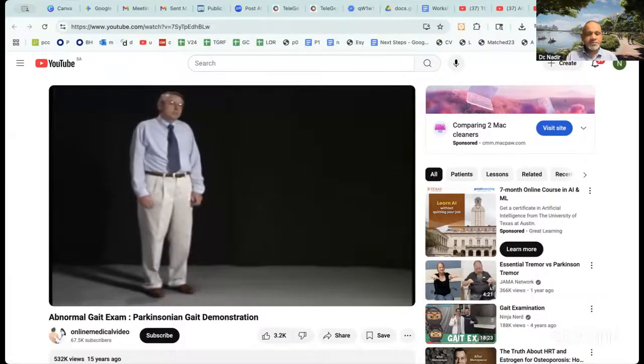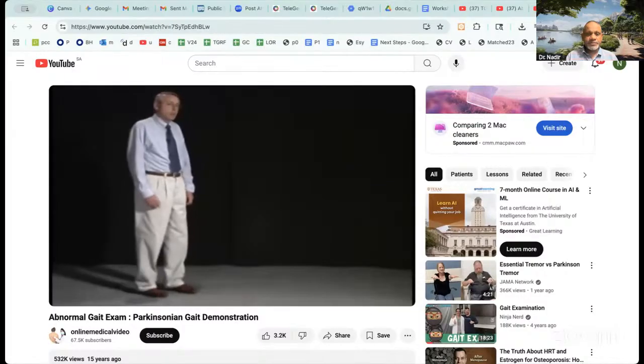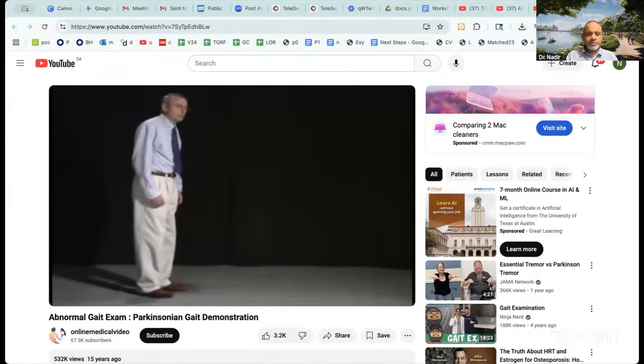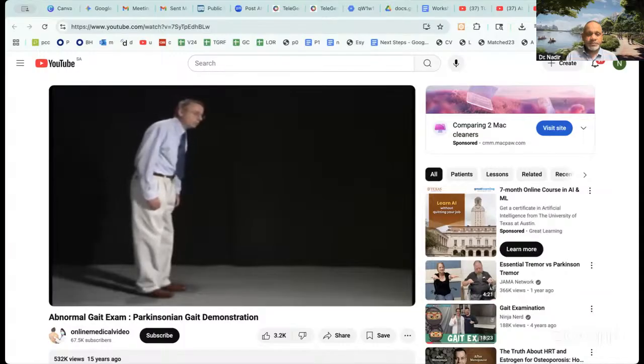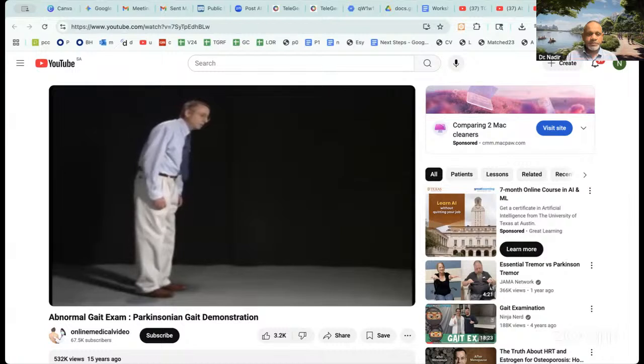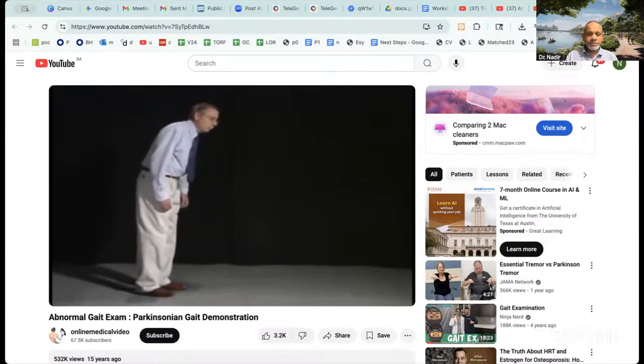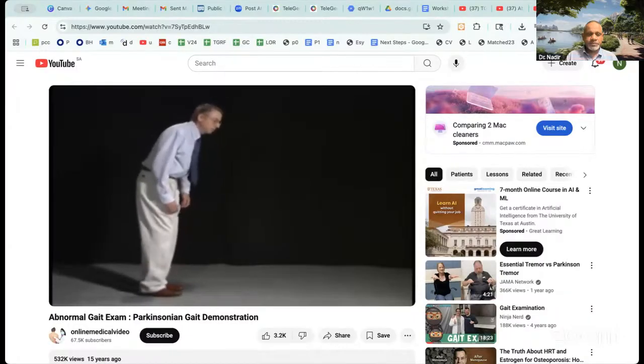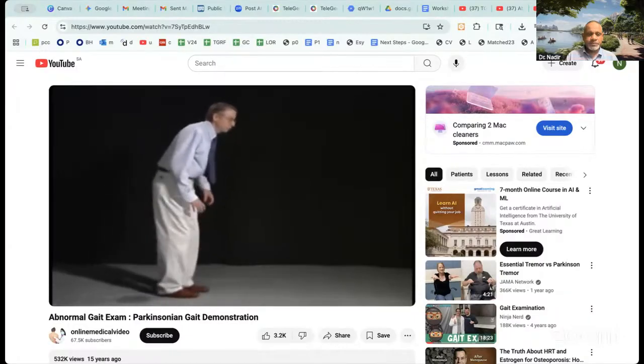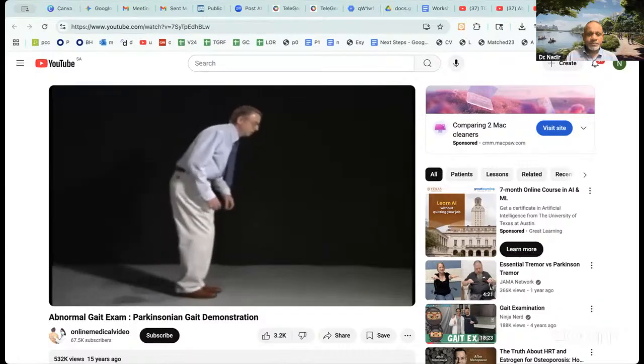The prototype is Parkinson's or the Parkinsonian type of gait, in which the patient will have a posture which will be stooped over, leaning forward, and will have difficulty initiating gait. When the gait is initiated, there are small steps. Oftentimes there's a tremor associated with this.